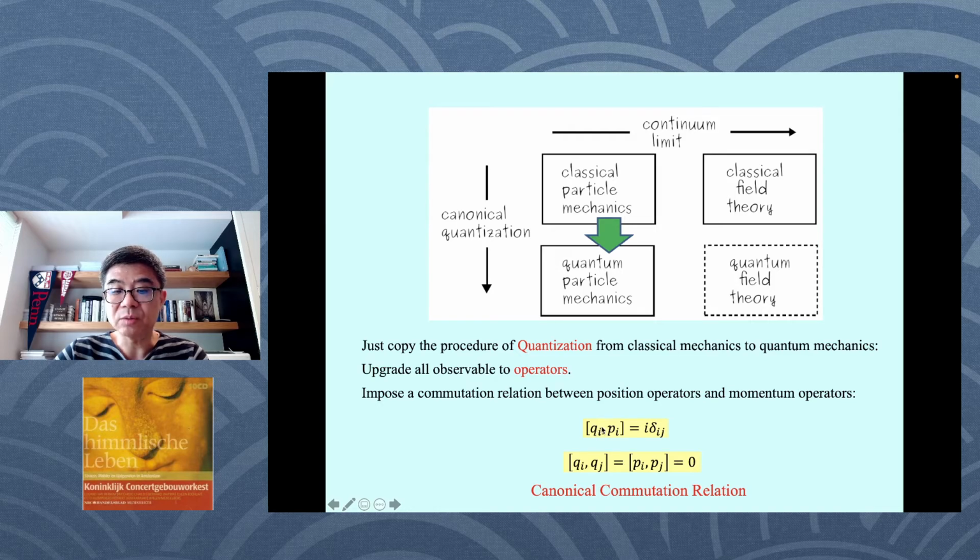However, the commutation relation between Q and P, position and momentum, is not equal to 0. It is equal to i. Okay. This is called the canonical commutation relation. By imposing these commutation relations, we can transition from classical particle mechanics to quantum particle mechanics.